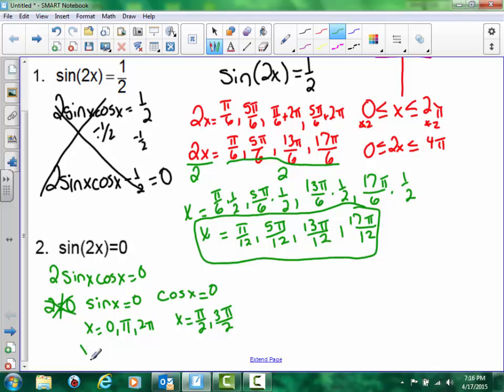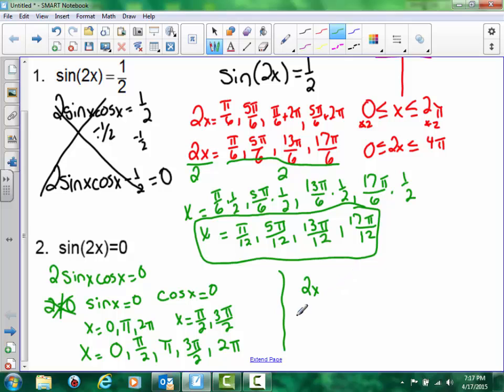So we put that all together, and our solutions would be 0, pi over 2, pi, 3 pi over 2, and 2 pi. But just out of curiosity, would it work with our new method? This time 2x is still going to occur from 0 to 2 pi.